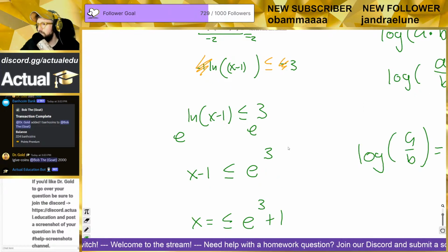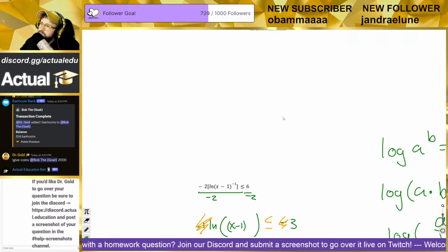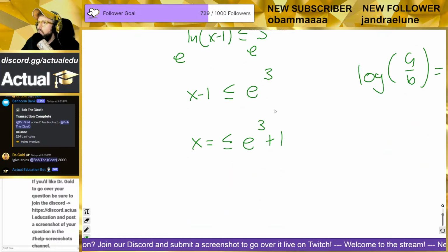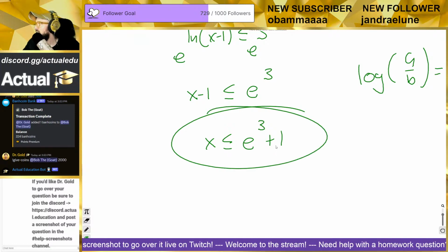And then you just plug that in the calculator. Let's check. Sorry, it's not x equals something, it's just x is less than or equal to e to the 3 plus 1.